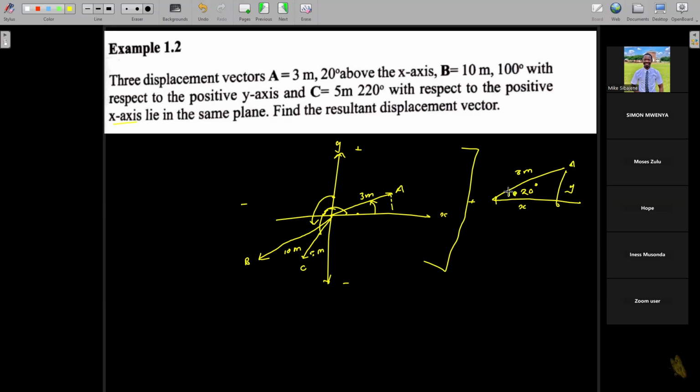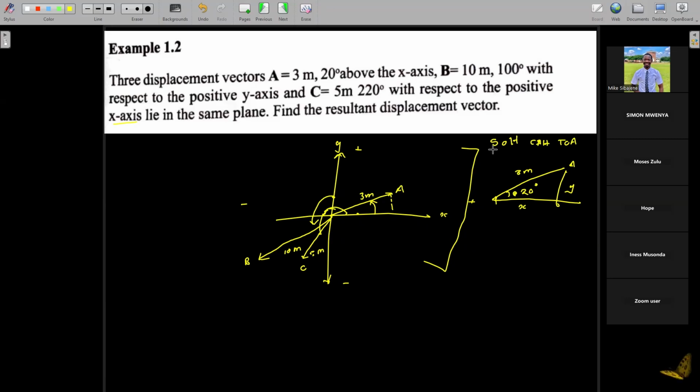So now let's use SOHCAHTOA, trigonometry. In case there are those that missed the lecture yesterday, we said SOHCAHTOA. The S represents the sine, the C the cosine.